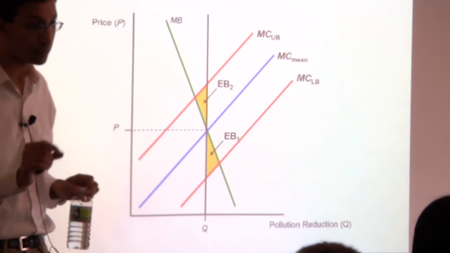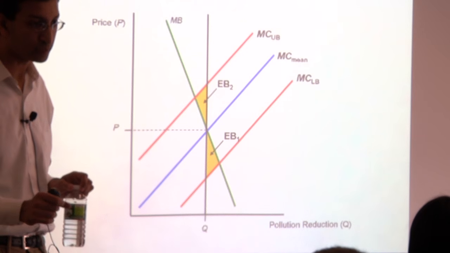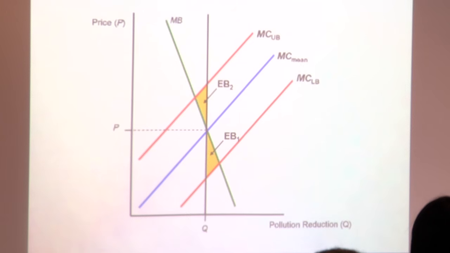So remember, this is all pollution reduction. So it slopes downward, meaning every extra unit of pollution reduction that you do, there's a diminishing marginal benefit to that, right? Or another way to think about it is, as I'm making more and more cars, there's a diminishing marginal value of producing every extra car, right? Because the people have declining marginal utility. And so when I reduce pollution, there's going to be a diminishing marginal benefit to reducing pollution.